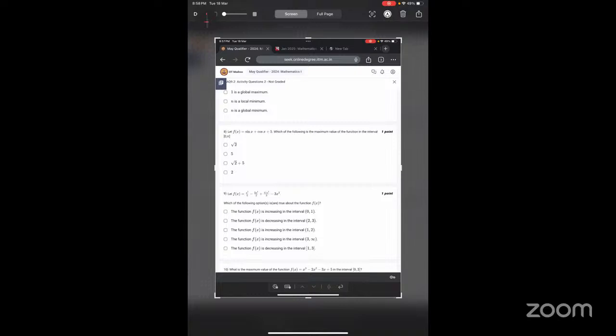Then the f dash x has to be equated to 0, right? Yes, to find the critical points.